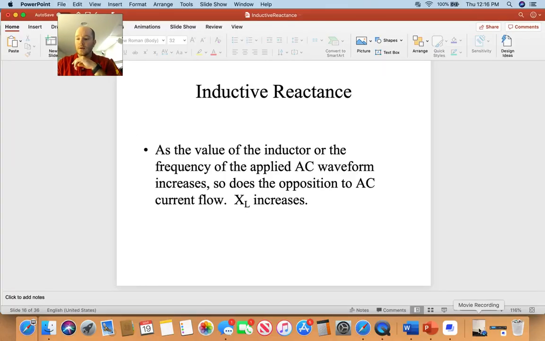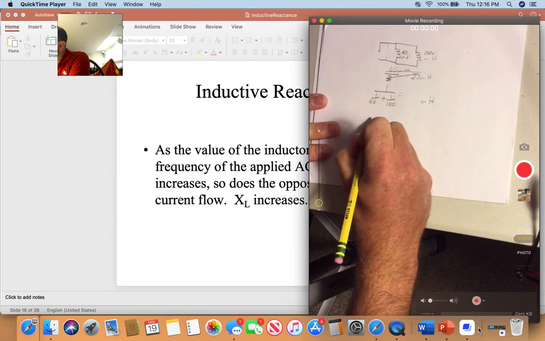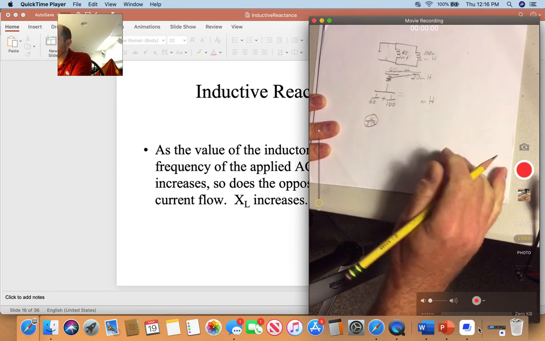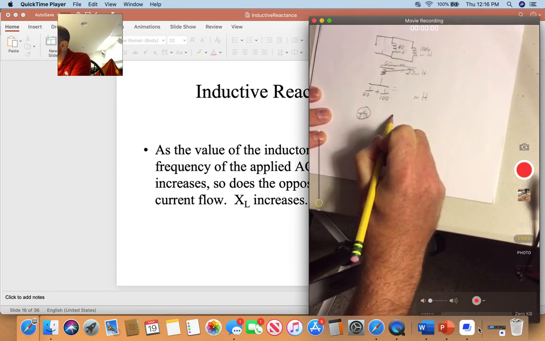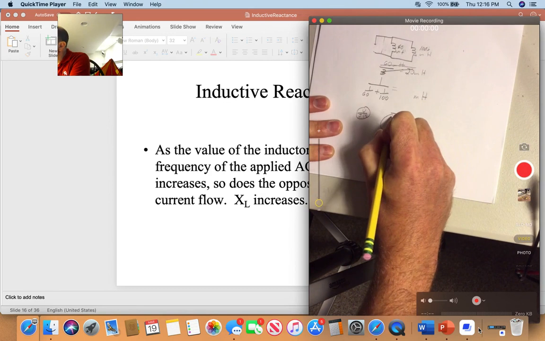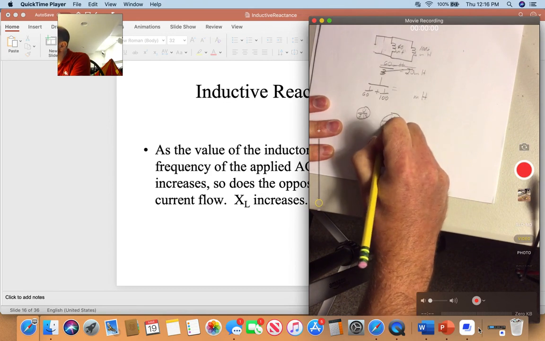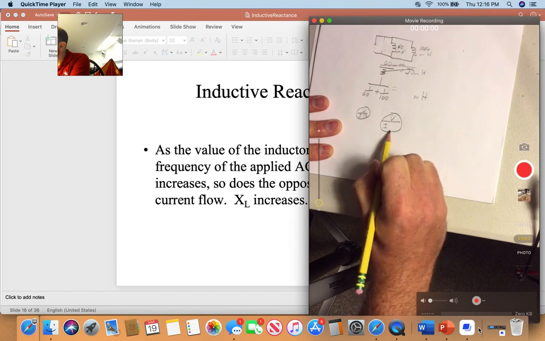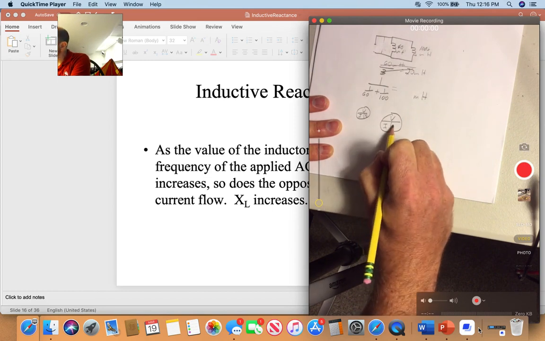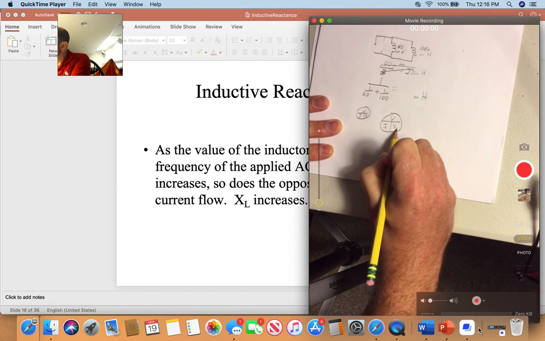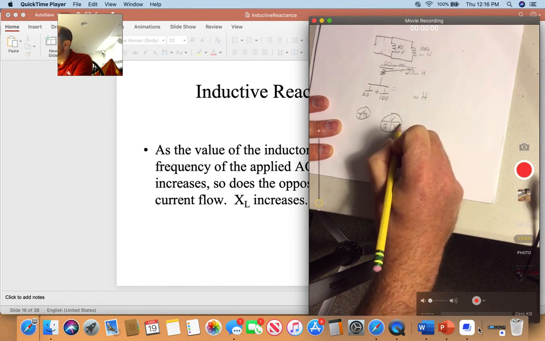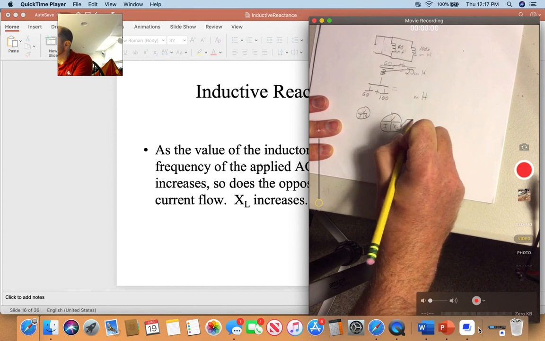Let me show you here. The new Ohm's law is volts, I, over X of L. Let me make that a little bit bigger so you can see it. Volts, amps, X of L. And now to get X of L, you have to know some things.